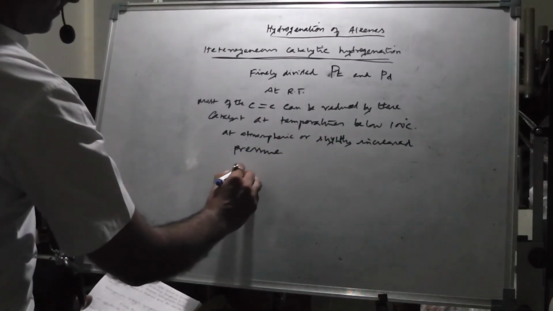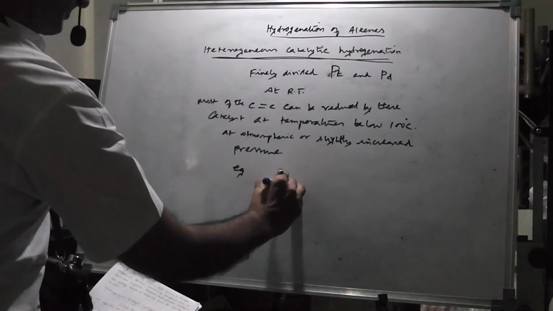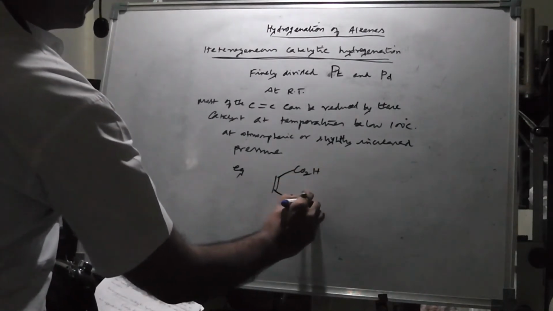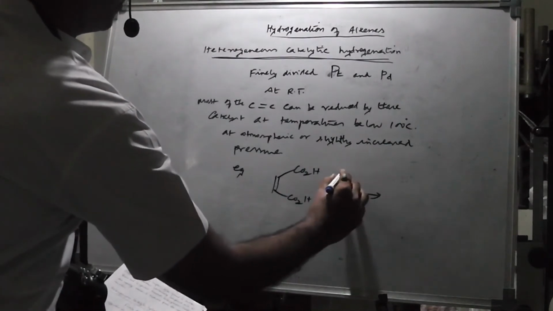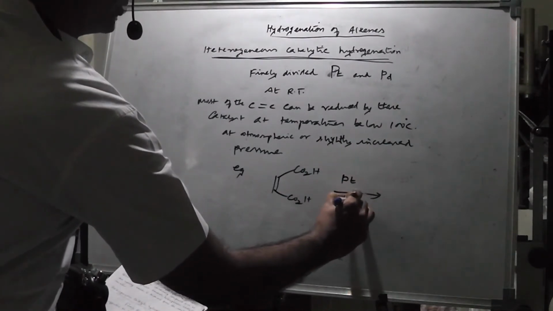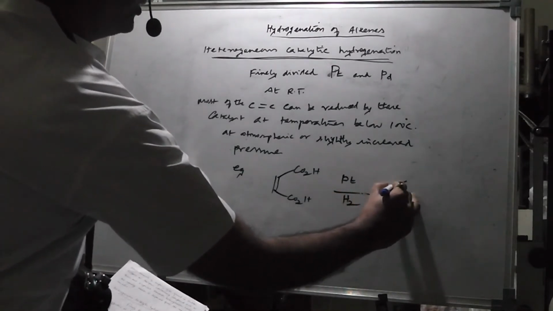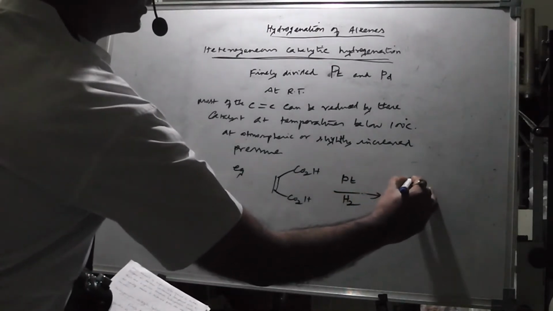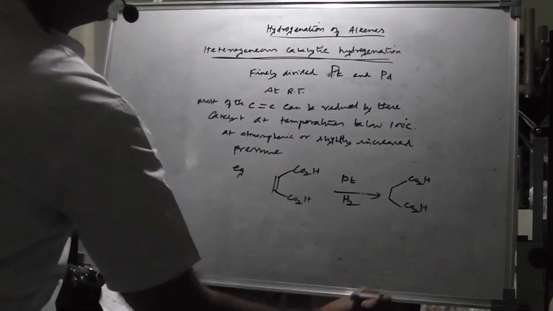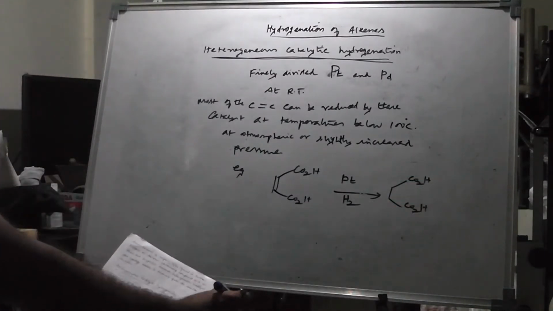Example: malic acid, with platinum and hydrogen, can be reduced to succinic acid.